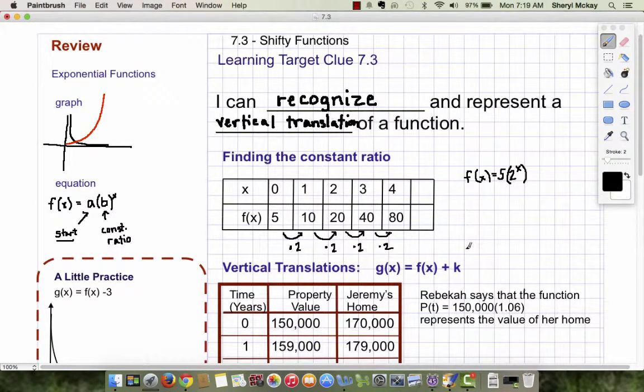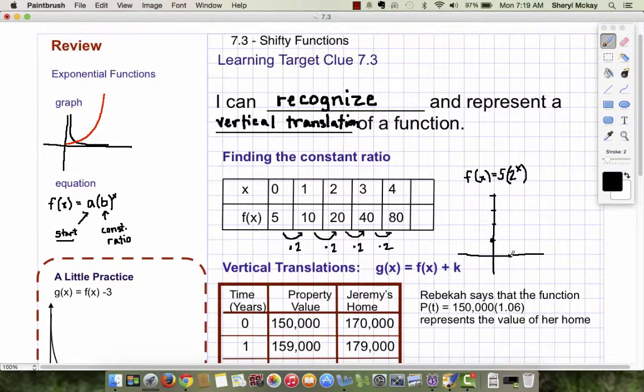Now, if I wanted to graph this, I'd say when x is 0, I'm going to make each one of these be 5. Okay, 5, 10, 15, 20. So when x is 0, f of x is 5.